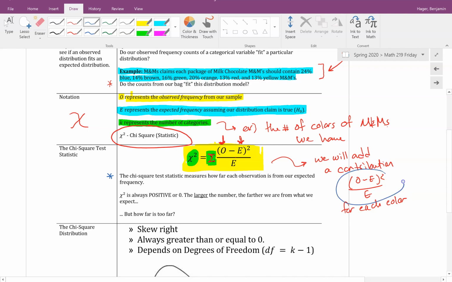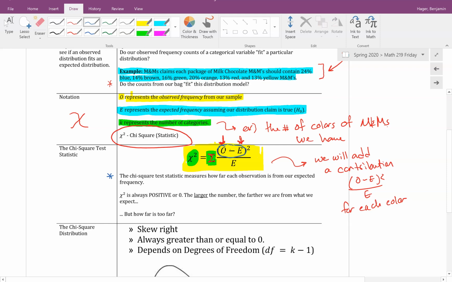Once I start adding all these up for every color, it increases in size because you have more and more contributions, one for each color. Well, the larger that number gets, the further off we are from what we would expect. Because if what we observe is close to what we expect, then wouldn't this be a small number?